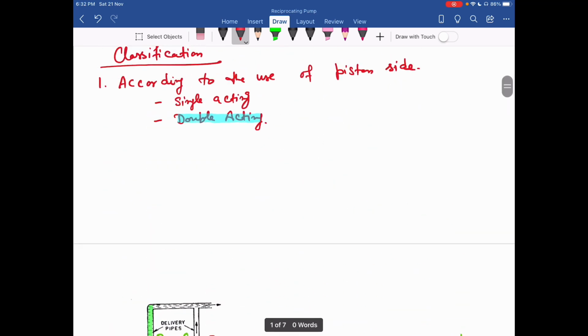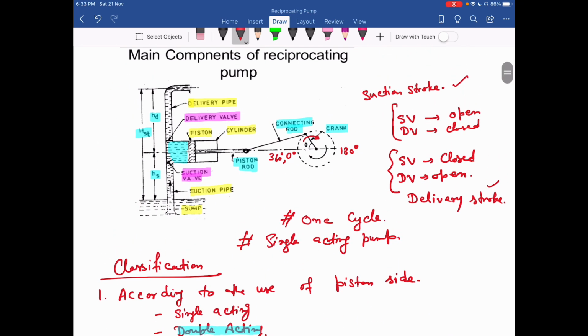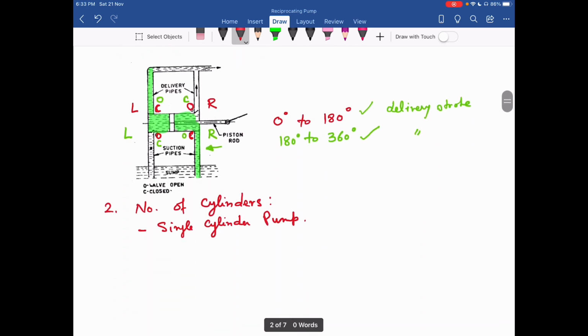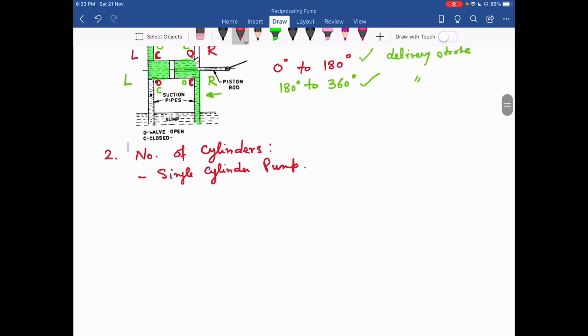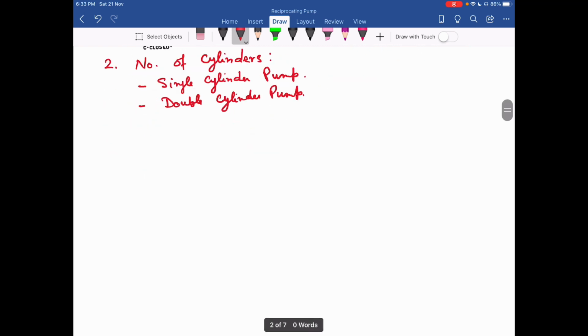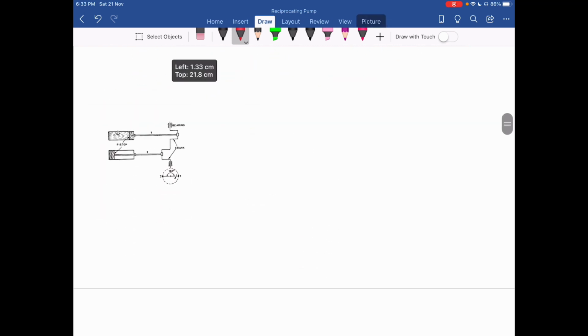You can see over here. So this is my single cylinder pump. Okay. The second one is the double cylinder pump. So for double cylinder, you can see this diagram.